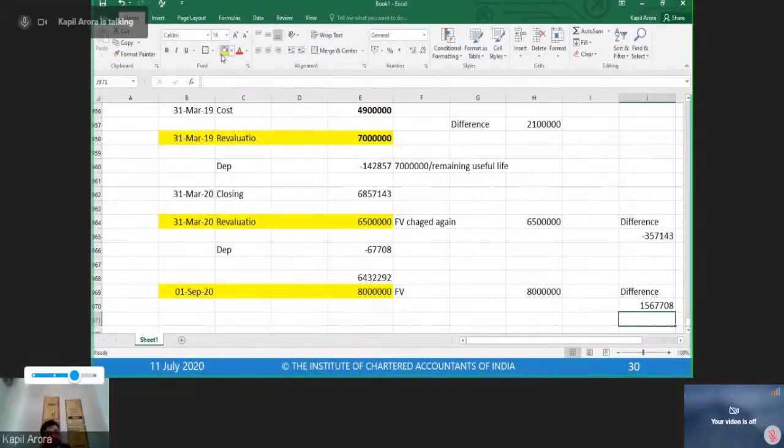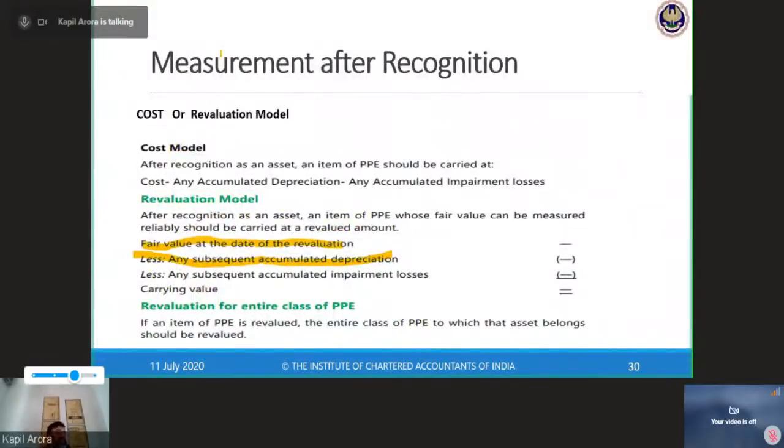So subsequent accumulated depreciation means the depreciation post revaluation happens. So my carrying value, the closing value, is based on the revalued amount minus the revalued depreciation.